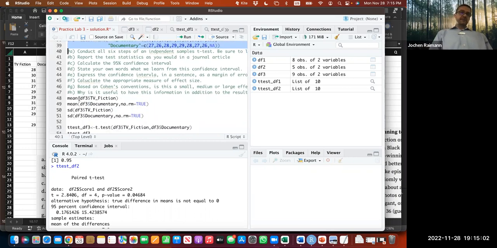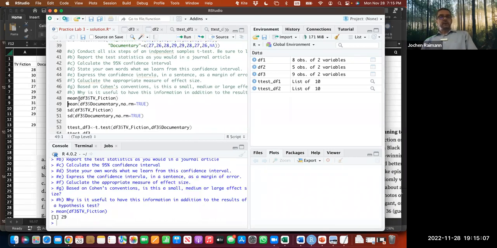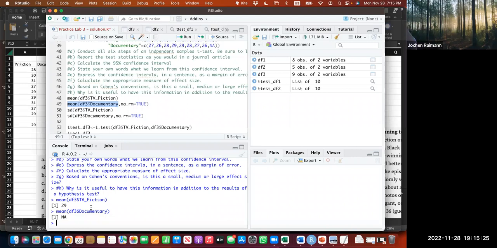Best example in this context is if you go on line 48, you basically get the same mean with the mean function that we have gotten in Excel, right? If you do this with mean DF3 documentary, and I'm just doing it for demonstration purposes, and I am disregarding NA, I get NA as a result.